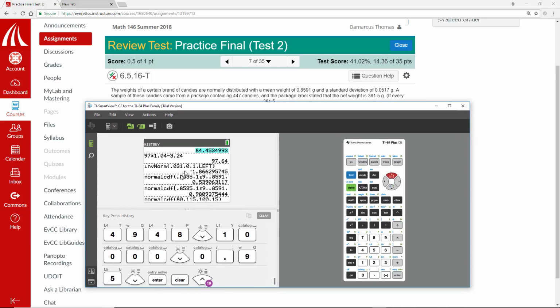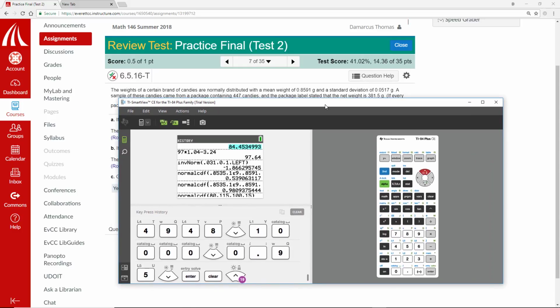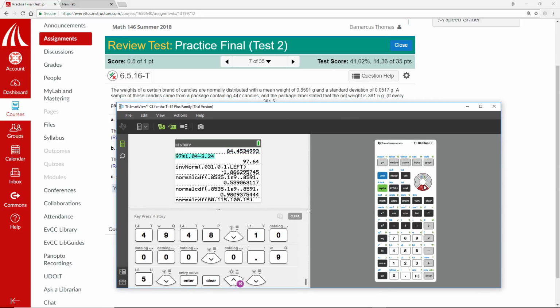I kind of remember this problem. It was 0.85. Oh, the mean was. Are you kidding me? We were supposed to put in the mean of point. Oh, no. This is good. This looks good. What about my standard deviation?